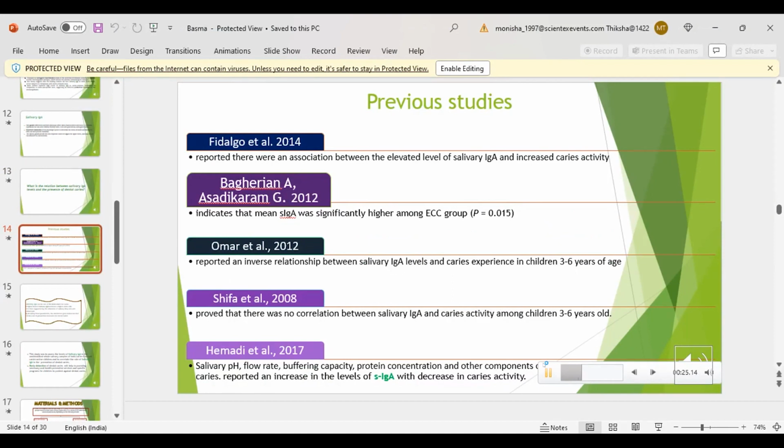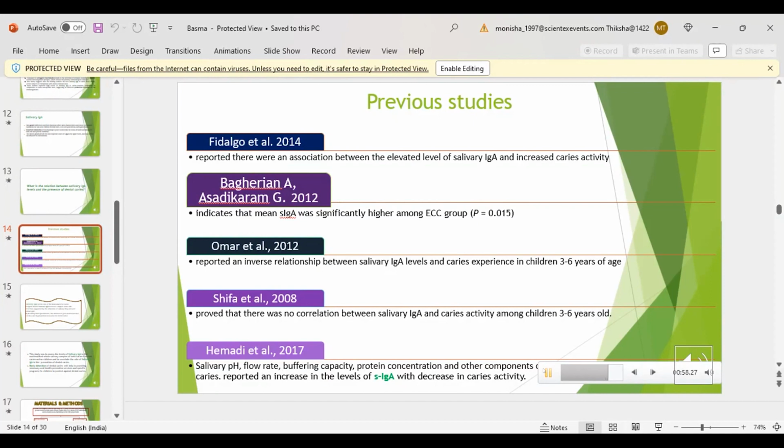Some indicate that the mean salivary IgA was significantly higher among the early childhood caries group. Some reported an inverse relationship between salivary IgA level and caries experience in children, especially at the age between 3 and 6. And some found that there is no correlation between salivary IgA and early childhood caries.